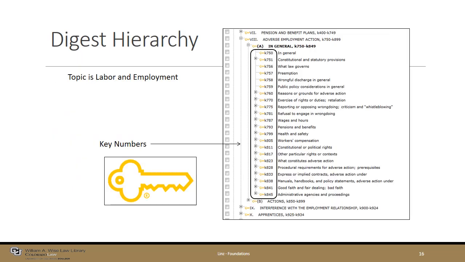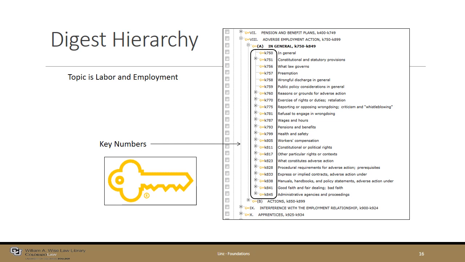So here's an example of the digest hierarchy. Here the topic is labor and employment, and this is zooming in on a particular part of labor and employment. The subtopic falls under Section 7, adverse employment action, and then subpart A, in general. And here are the very specific key numbers that West has determined apply here.